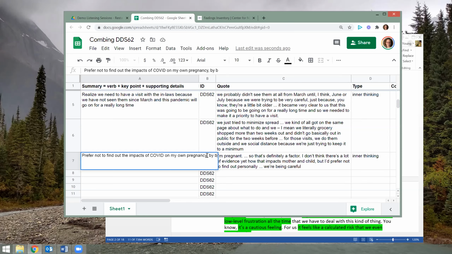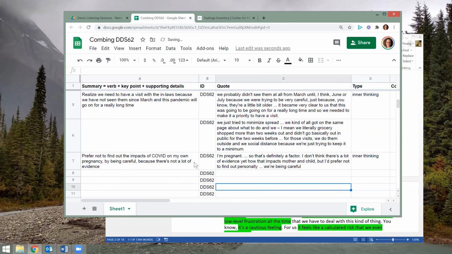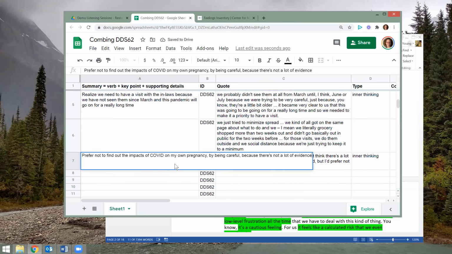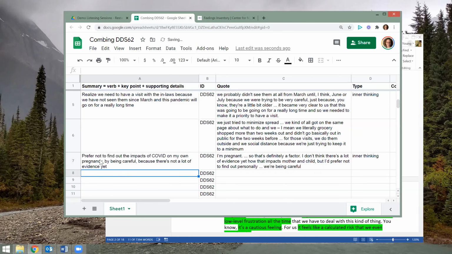By being careful, because there's not a lot of evidence yet. Okay, you can see the key point is up front, not to find out the impact of COVID on my own pregnancy. And then some supporting details. I'm being careful. There's not a lot of evidence yet.